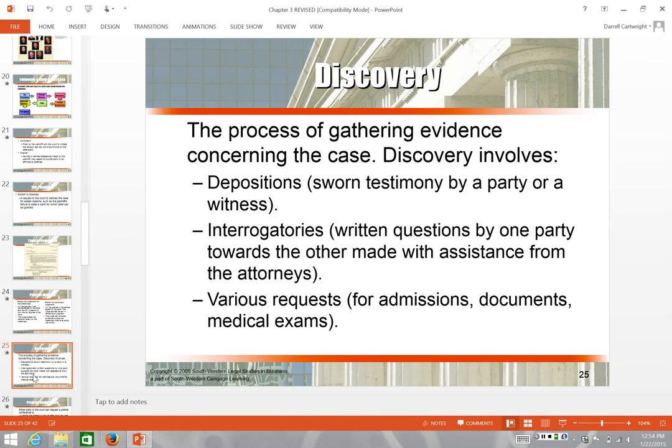Typically, a lot of cynics say that interrogatories are answered by attorneys and depositions are the product of the actual witnesses themselves. And if you think about it, it makes sense, because the interrogatories are going to go from one attorney to the other attorney, and then they're going to have their client complete it with their help.